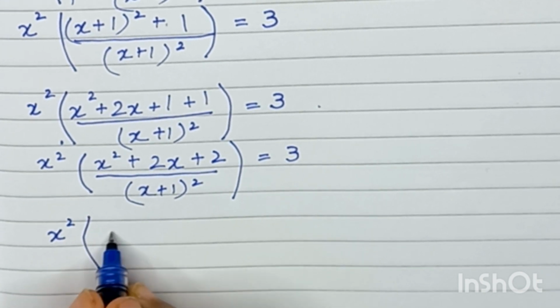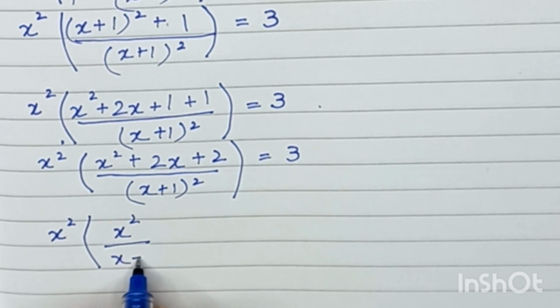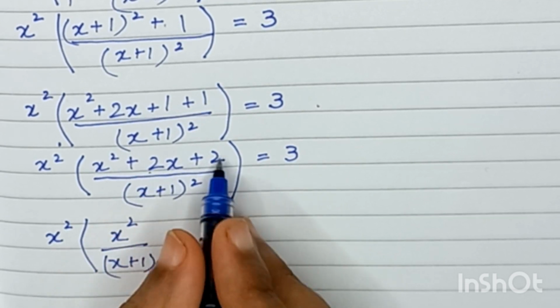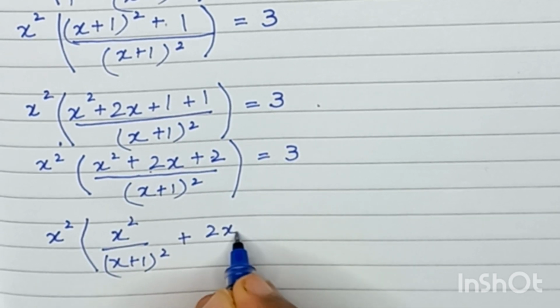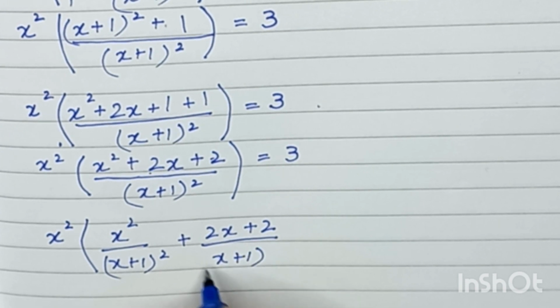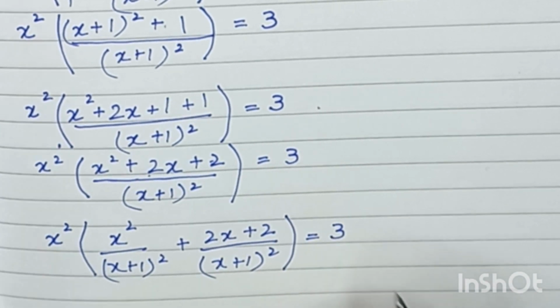So it will become x square divided by (x plus 1) whole square plus (2x plus 2) divided by (x plus 1) whole square, and it will be equal to 3.